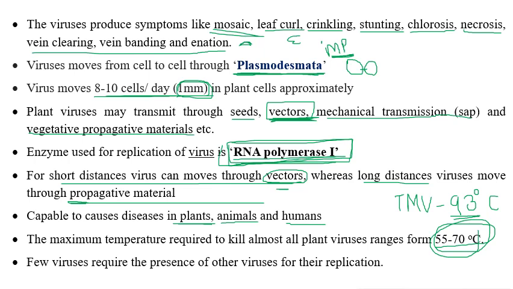There may be one or two other plant viruses with a slightly varying temperature, but almost all plant viruses can be killed at 55 to 70.